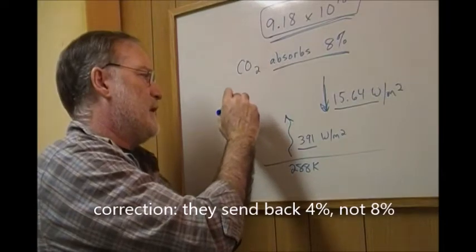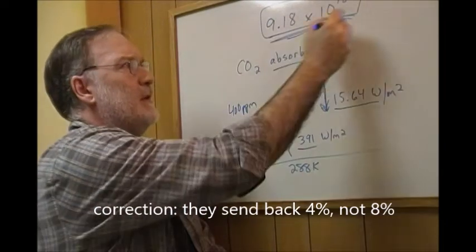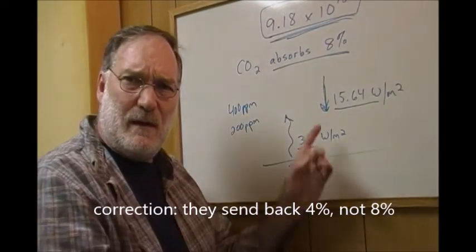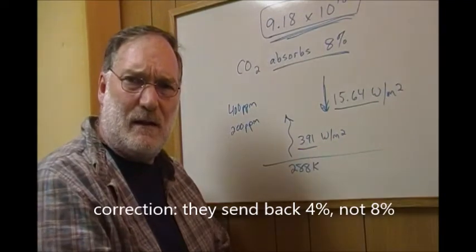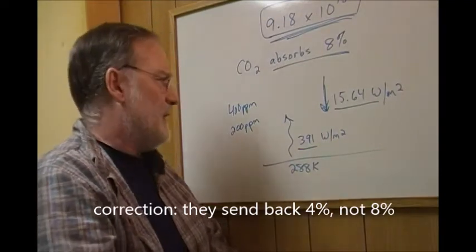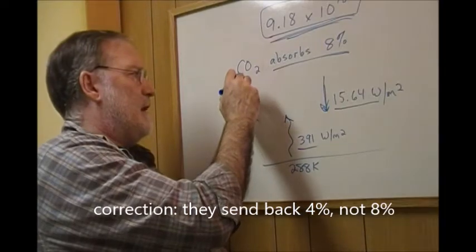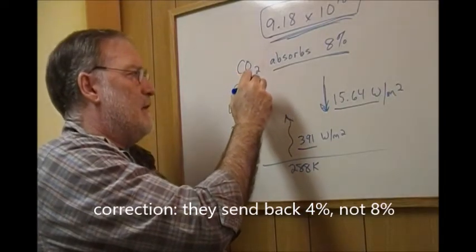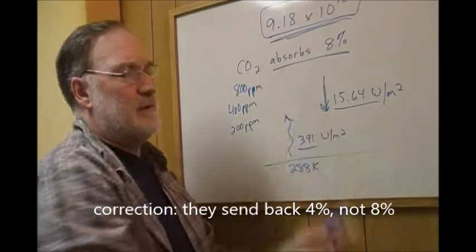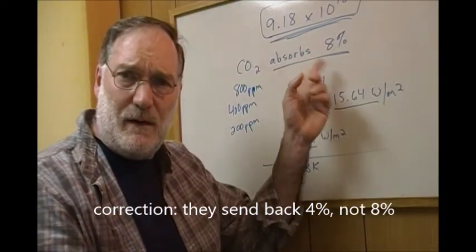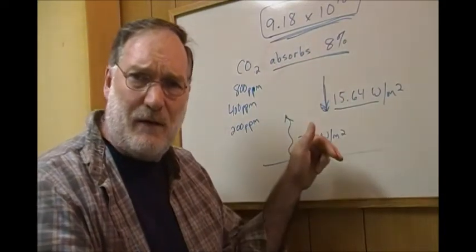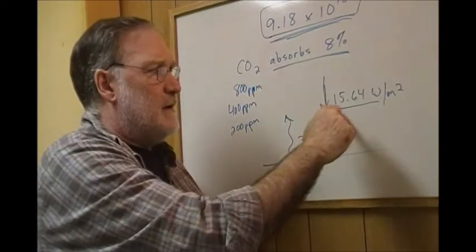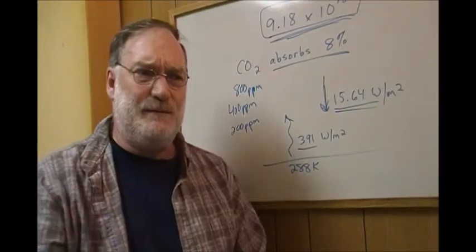At 400 parts per million, the same number of molecules is going to be sending back the same amount of radiation, the same 8% radiation. Double carbon dioxide, the same number of molecules is going to be absorbing all of the 8% of radiation and sending back 4% of it, same amount sent back.